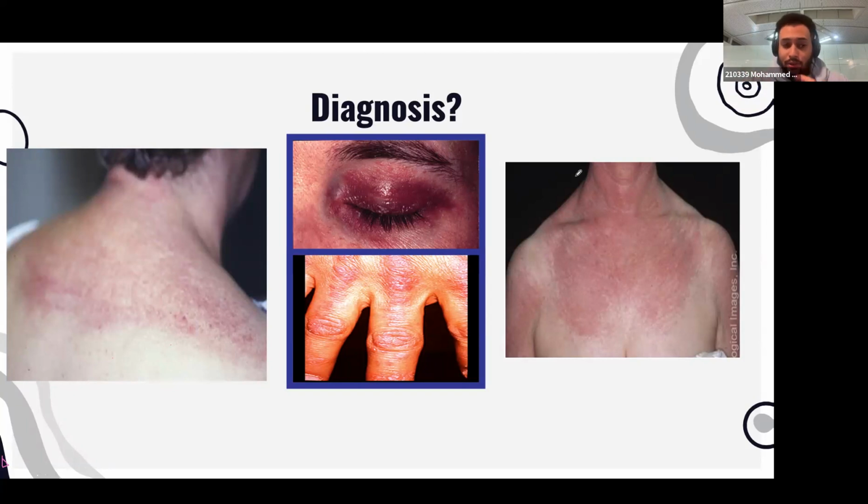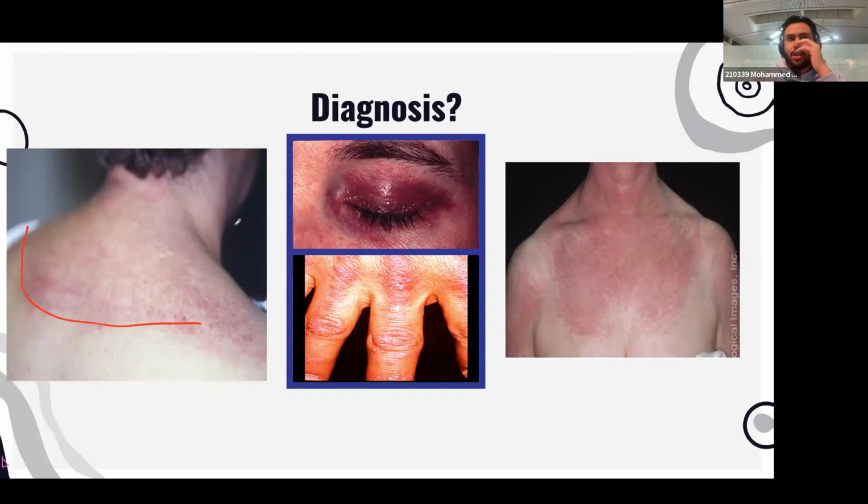Now, let's go by the signs one by one. What is this sign called? Okay. This is shawl sign. A shawl is the thing you put over your head and wrap around your neck in the winter. So it's around the neck as if you're putting on a shawl.